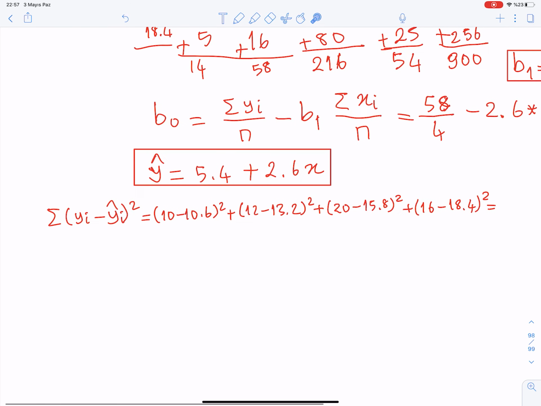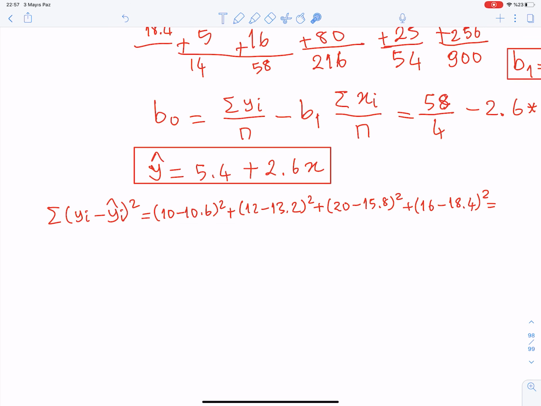So let me calculate this for you. 10 minus 10.6 square plus 1.2 square plus 4.2 square plus 2.4 square.